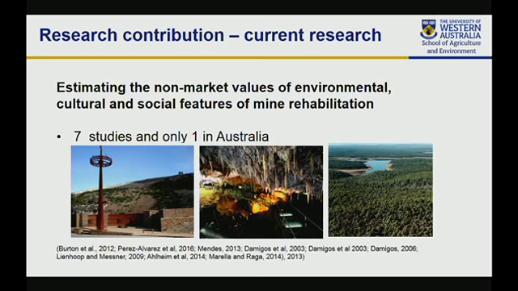This here is estimating the non-market values and environmental, cultural and social features of mine rehabilitation. In this particular search, there are only 7 studies that I could identify and only 1 in Australia. That one was undertaken by Michael and Ben, and they specifically analysed the preferences for different approaches and attributes for mine site rehab using choice experiments.